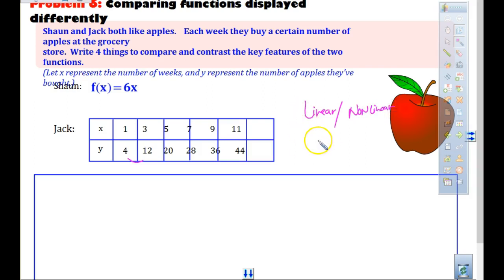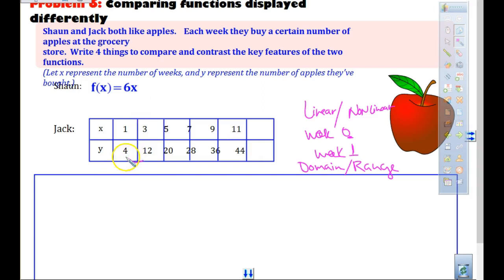I want you to think, okay, when we look at week 1 or week 0, so sometimes week 0 or maybe week 1, can we tell how much they bought in comparison to each other? We might want to be thinking about the domain and the range. Okay, so those are my key features of my graph. Continuous or discrete, right?